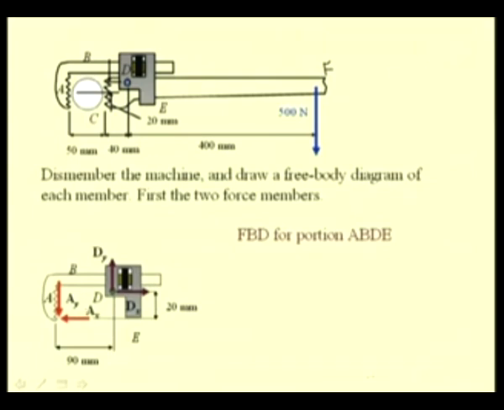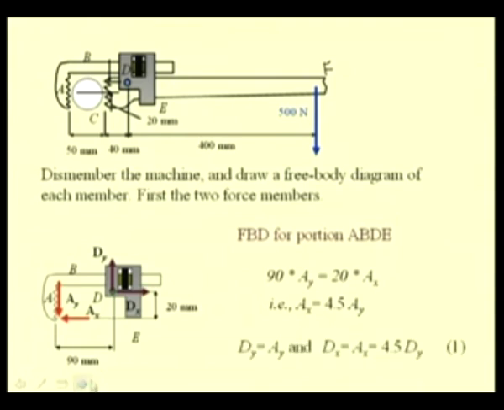So, we write the equilibrium equations. If we take the moment about this point D, then the moment of this horizontal component Ax has to be balanced by the moment of this vertical component Ay, and that gives the relation between Ax and Ay. Here we find from the geometry that Ax is 4.5 times Ay.